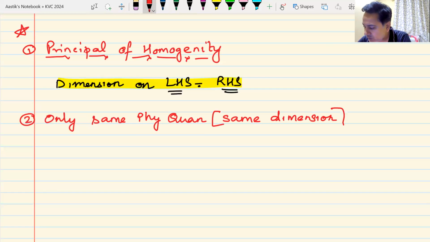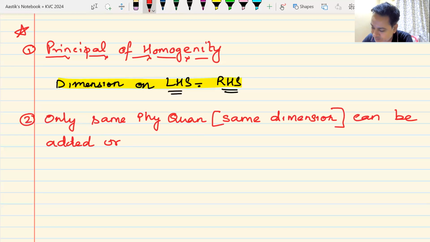Only same physical quantity having same dimensions can be added or subtracted. Only same physical quantity, which obviously has the same dimension, can only be added or subtracted.